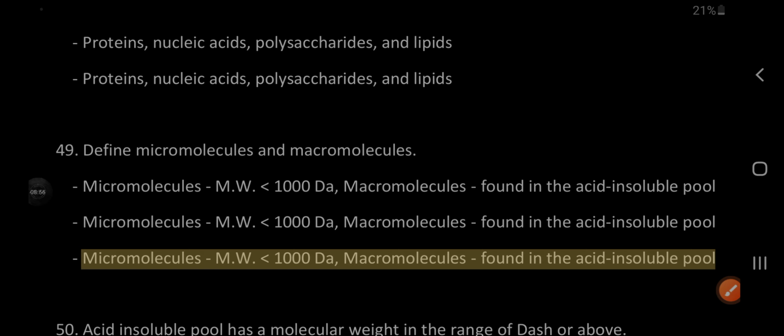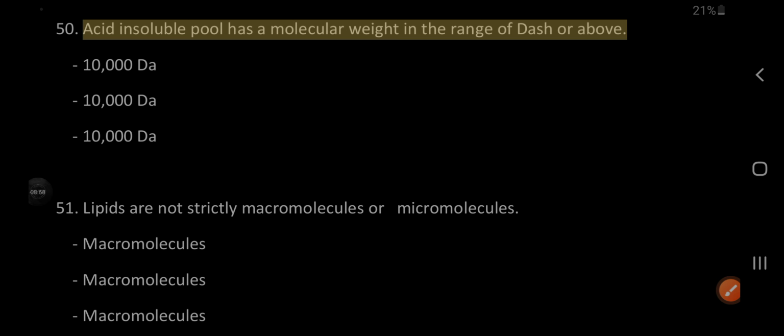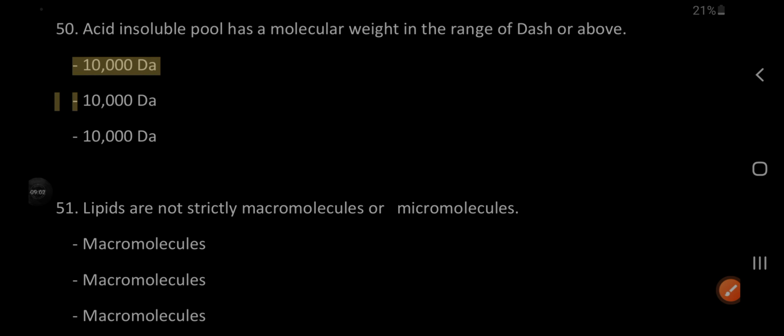Acid-insoluble pool has a molecular weight in the range of 10,000 daltons or above. 51. Lipids are not strictly macromolecules, but they are found with macromolecules.